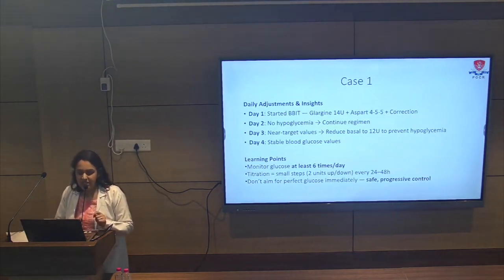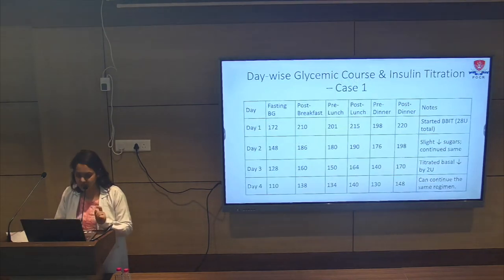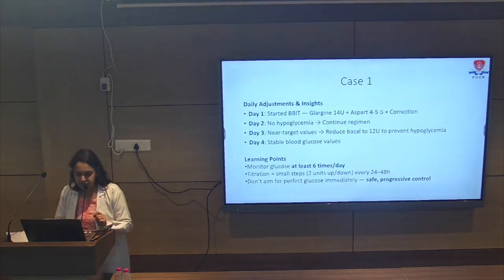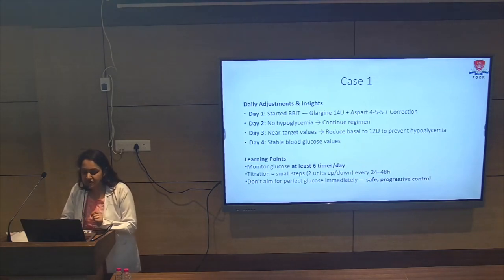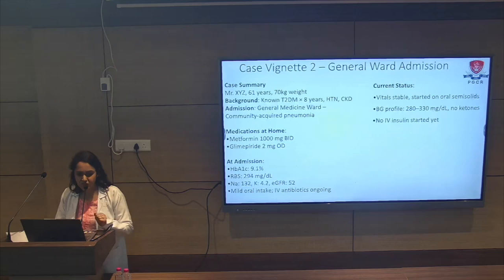On day 3 we got near-target values, and to prevent hypoglycemia we reduced the basal dose to 12 units. On day 4 we had stable blood glucose readings. We don't aim for perfect glucose immediately; we go for safe, progressive control.